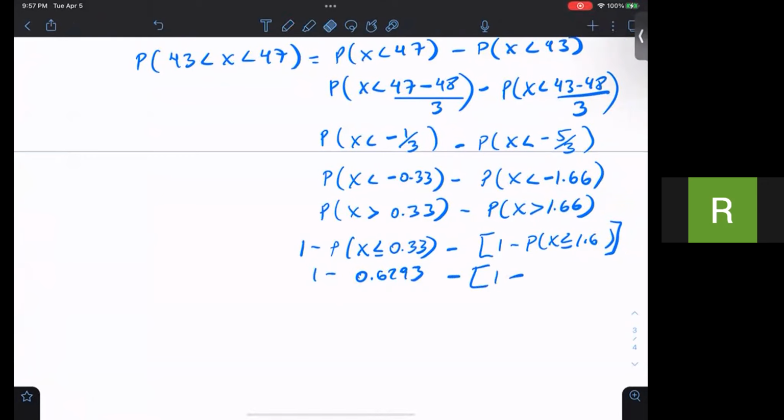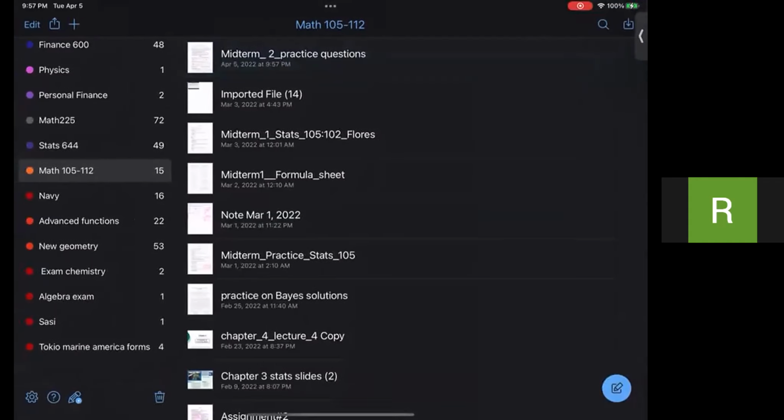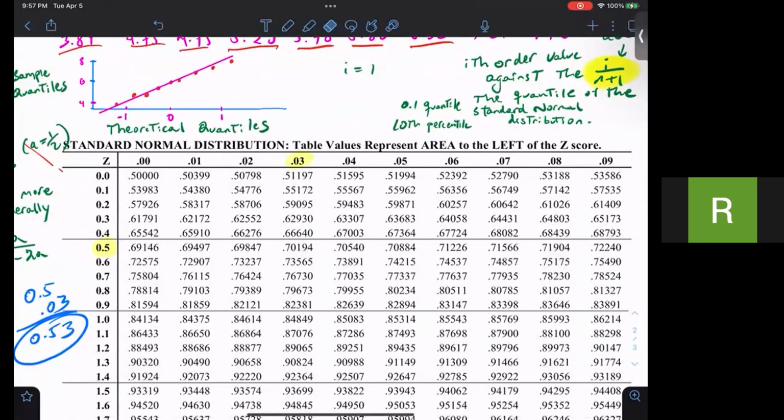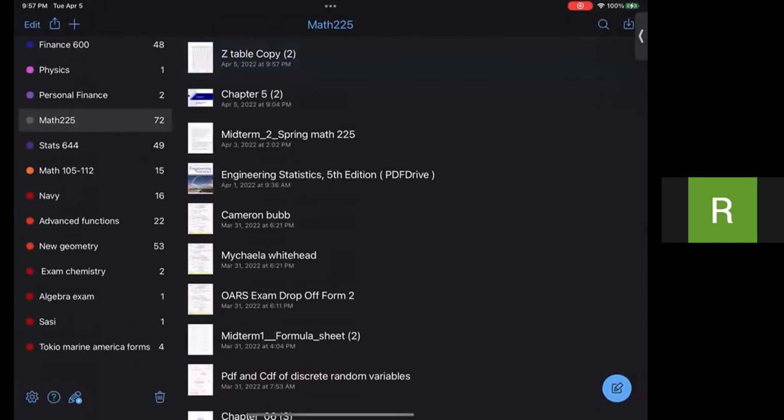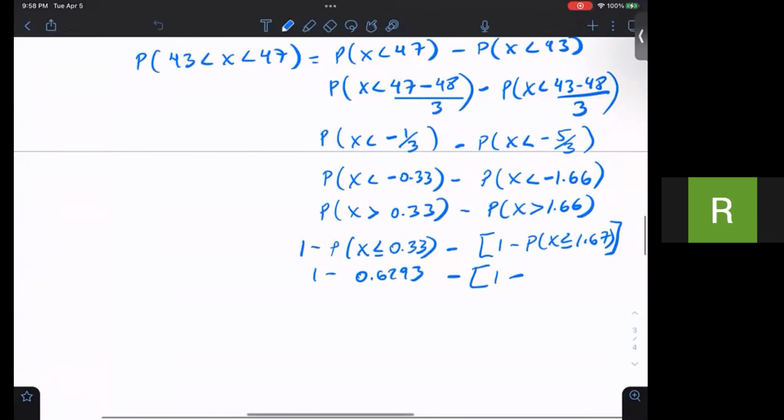Or 1.67, let's round it to 1.67. Okay, so 1.67, let's look at the table. 1.67 is here. 0.9525, and then we subtract that and we get our answer. 0.3707 minus 1 minus 0.9525, we get 0.0475, subtract again, and we get 0.32.